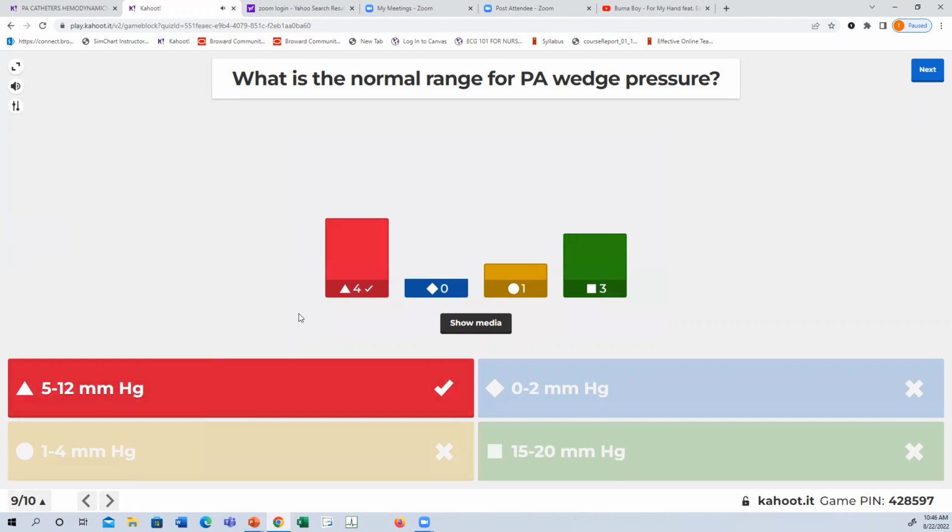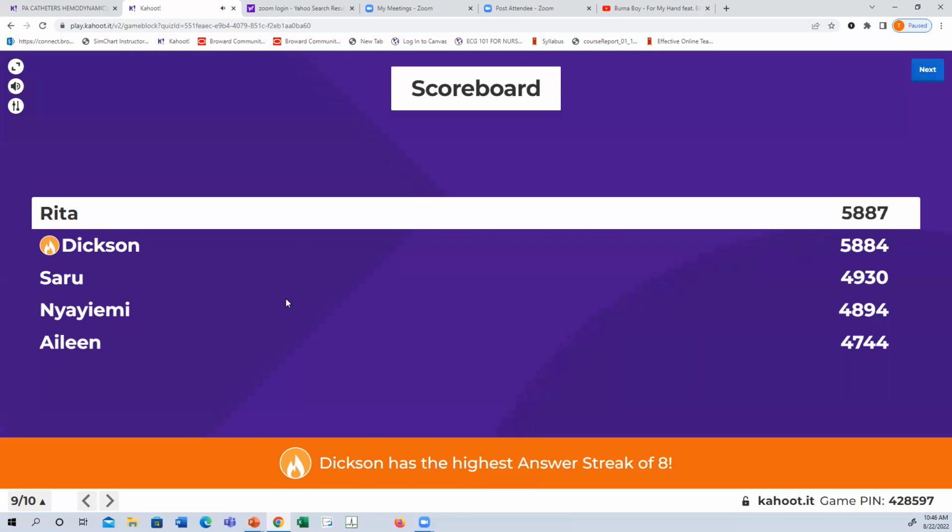All right. The correct answer is 5 to 12 millimeters of mercury. We did not discuss this, so this is something that you will be getting once you complete your echo on hemodynamics. And nonetheless, some of you answered it correctly. Rita, Dixon, Saru, Nyayemi, and Eileen.